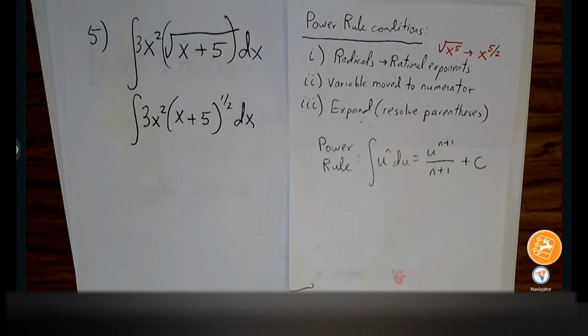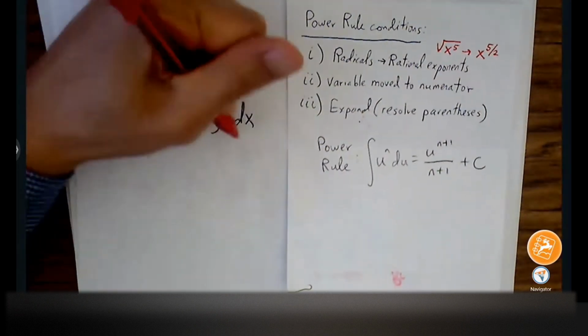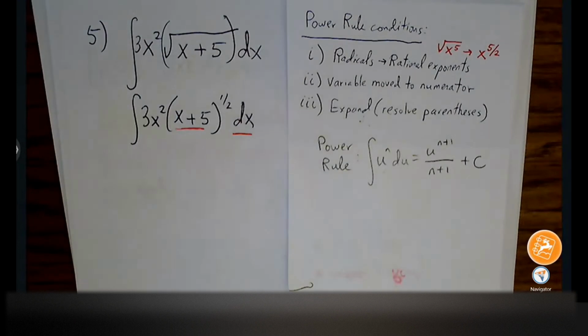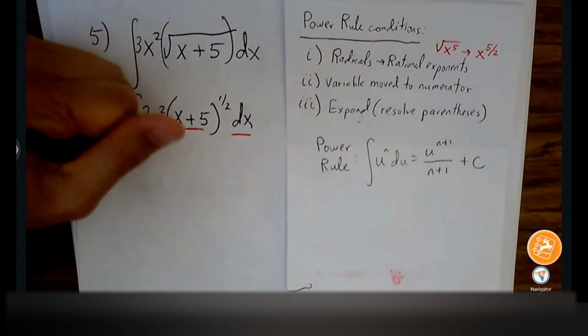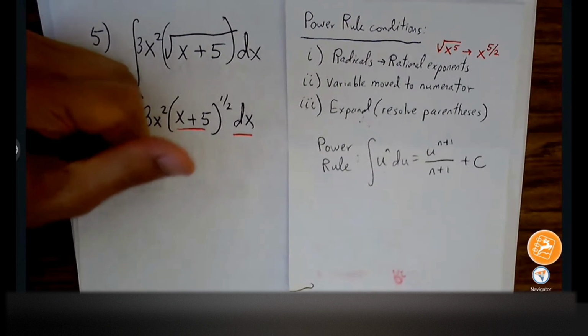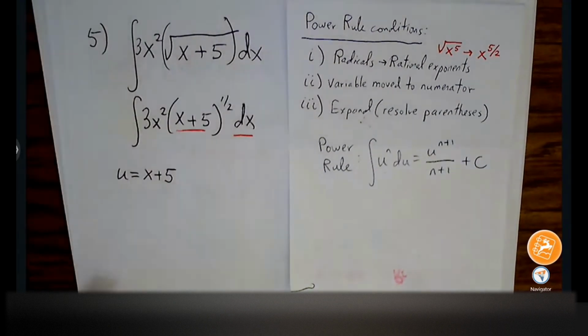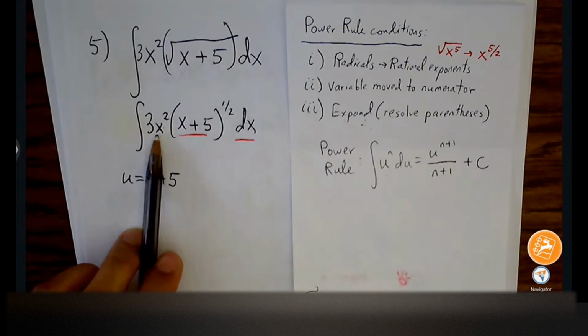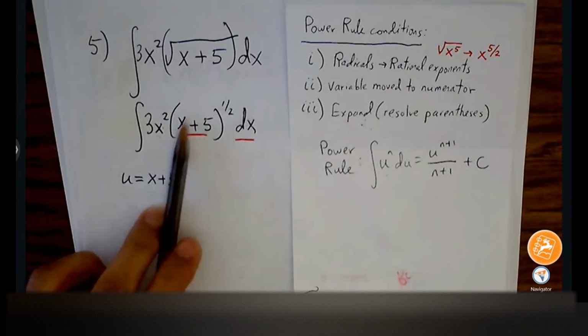Okay. What's our u value? All right. Is this going to work out cleanly? Is that x squared going to go away on its own? Because the power is not high enough, right?